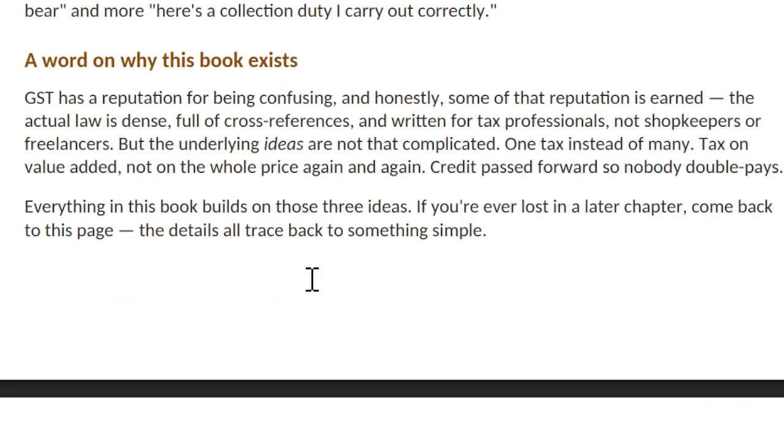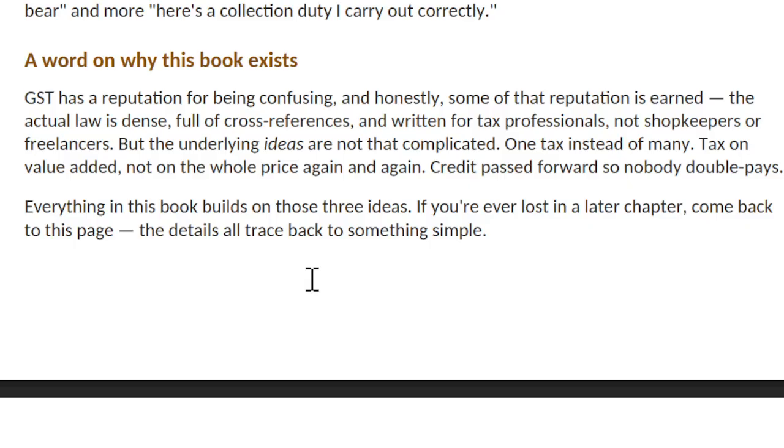A word on why this book exists. Let us understand why we created this book. GST has a reputation for being confusing, and honestly, some of that reputation is earned. The actual law is dense, full of cross references and written for tax professionals, not shopkeepers or freelancers. But the underlying ideas are not that complicated. One tax instead of many.